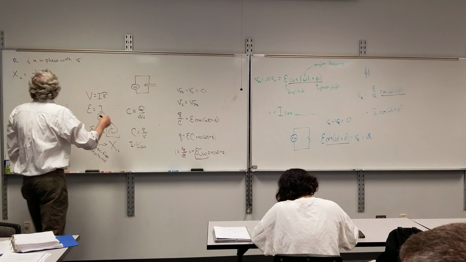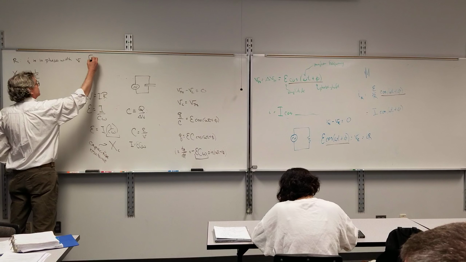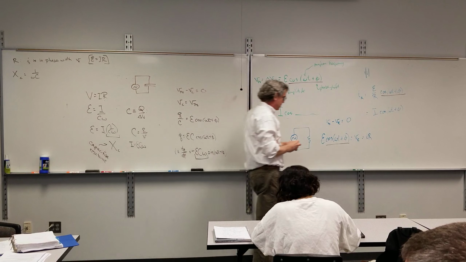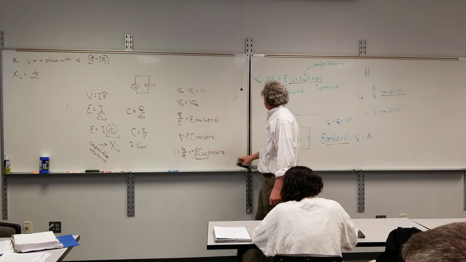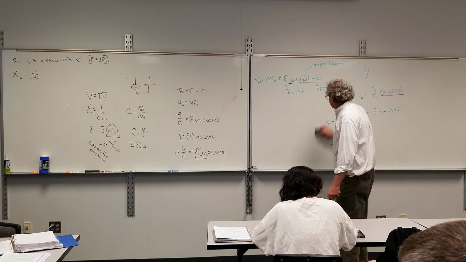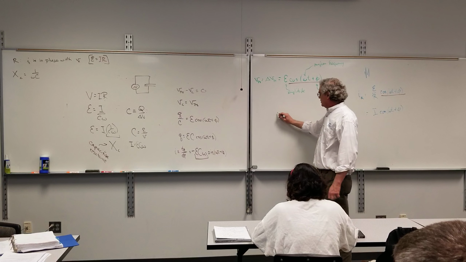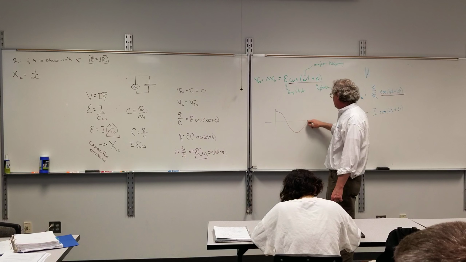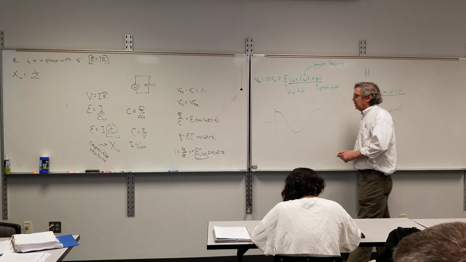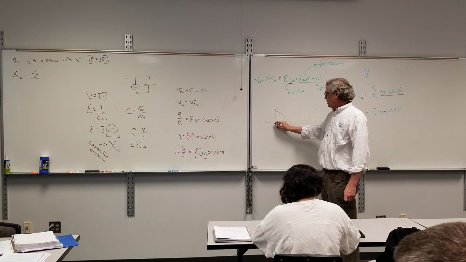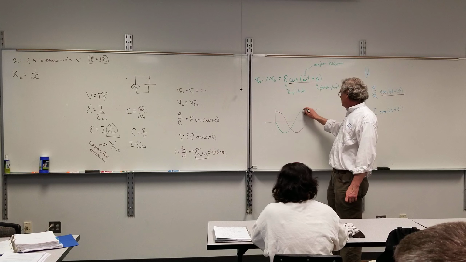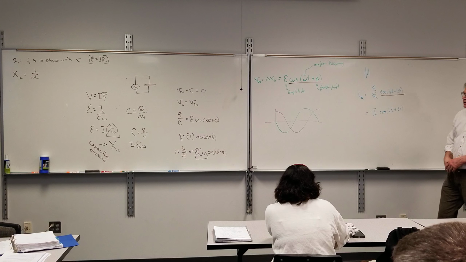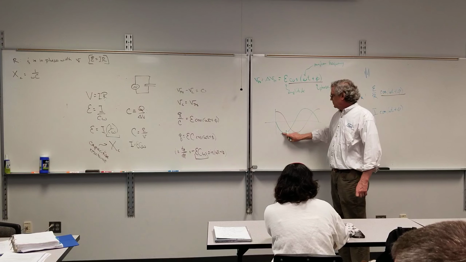The other takeaway: if I plot my current and my voltage on the same graph, the vertical axis would be different, but we still have the same horizontal axis. My voltage is a cosine curve. My current is a negative sine. Again, this is my current.